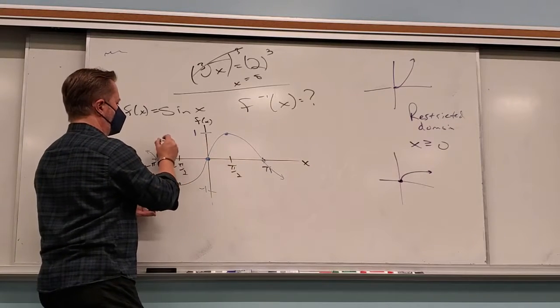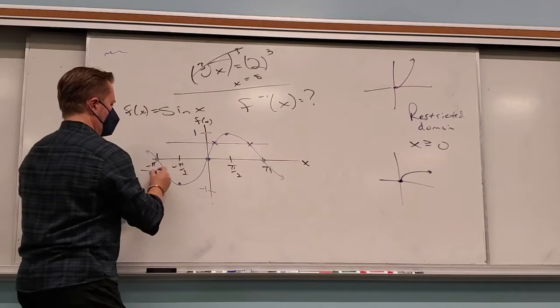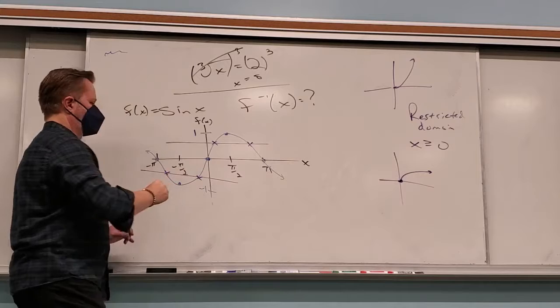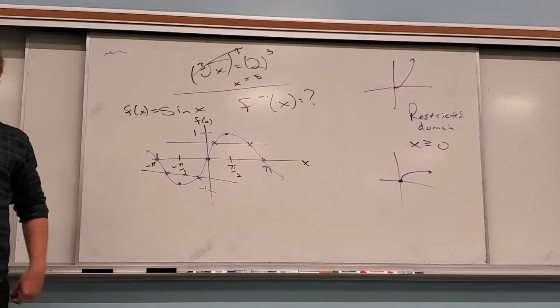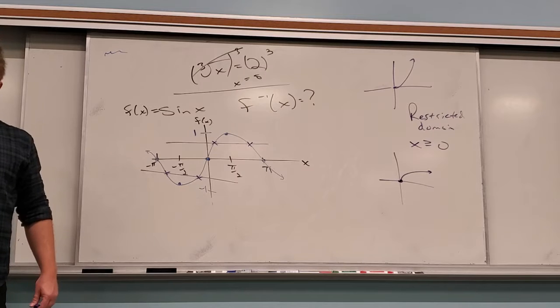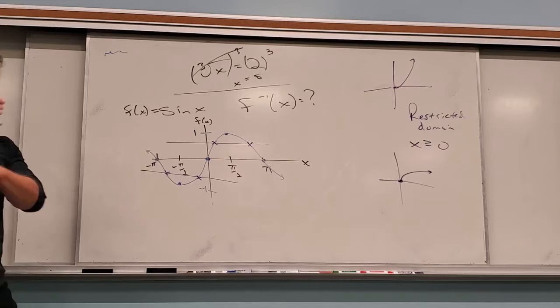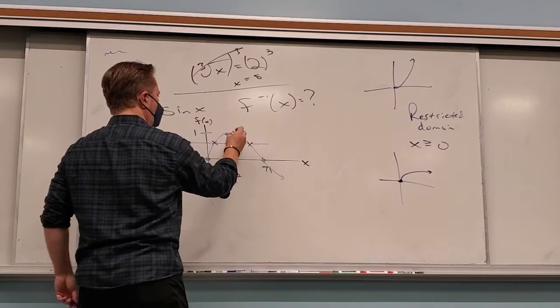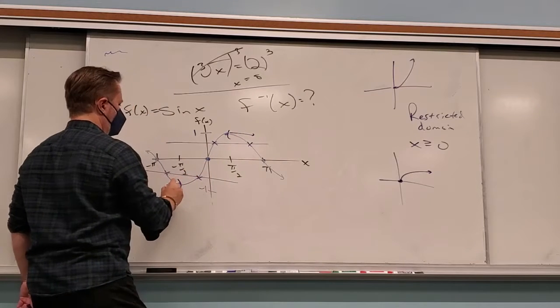If I draw a horizontal line, it goes through more than once. So what's the quickest way to make that not happen? Restrict it to not go past negative pi over 2, and pi over 2. Yes, so I cut this part off, and I cut this part off.